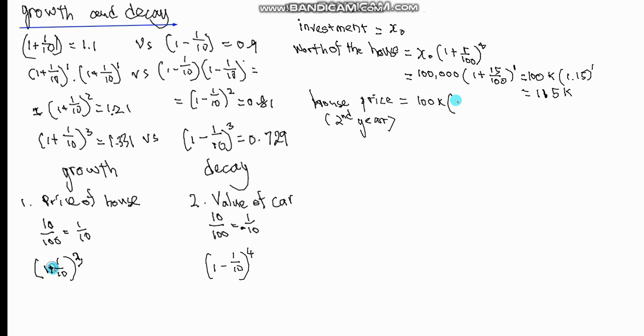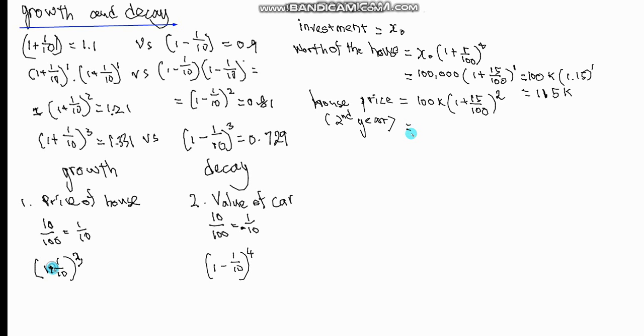Now, the rate, assuming the first year and the second year to be the same, that is 15% increase per year. So it's 15 over 100, and then you put the year 2. Okay?